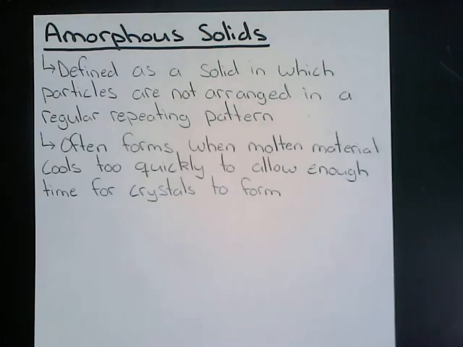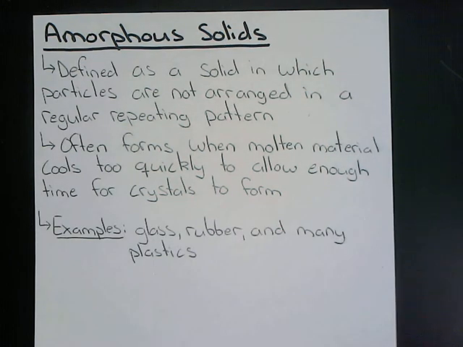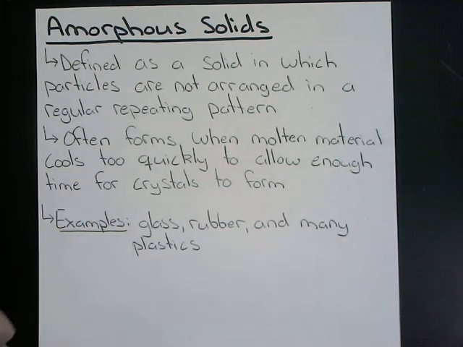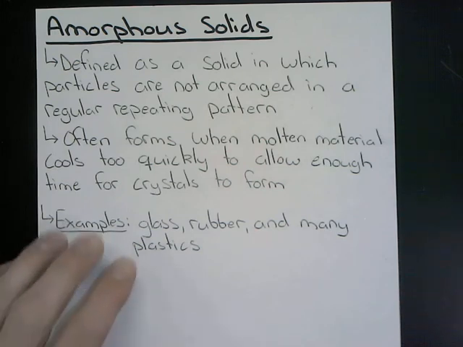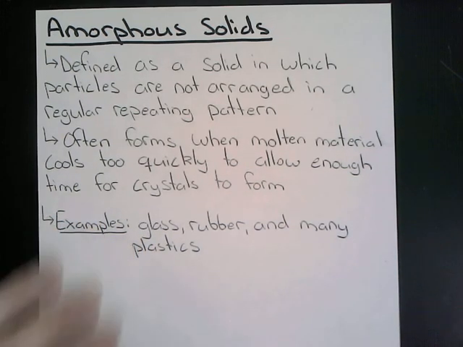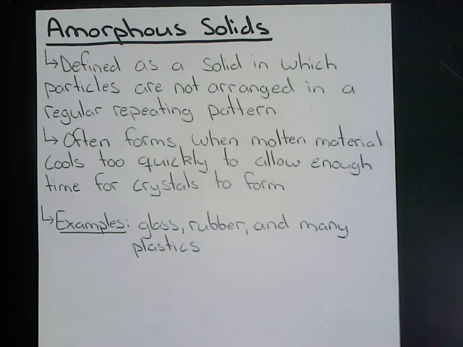Examples of amorphous solids include glass, rubber, and many plastics. Glass may be thought to have some sort of structure, and scientists are using devices with neutrons in them to try to determine if there actually is a structure in glass. But right now, they can't really find a definite pattern in glass, or silicon dioxide.